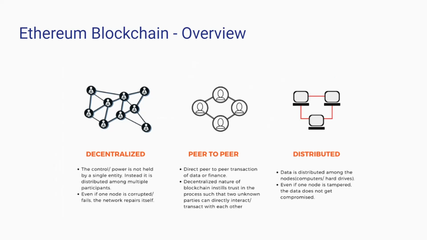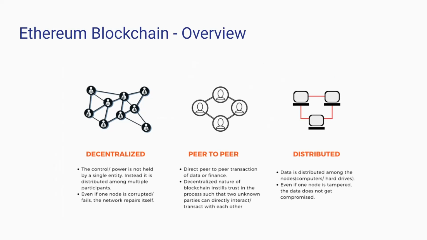Now, a simple overview of how the blockchain works. It's decentralized, and it's also peer to peer and distributed. With peer to peer, it means that whenever we interact, we interact directly. There's no middleman. There's nobody in between us, right? So we build trust.